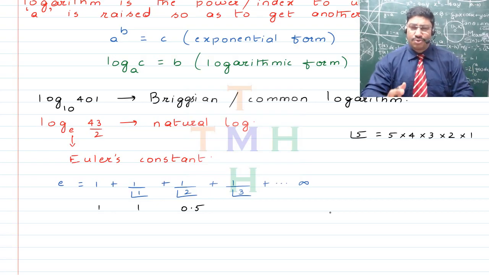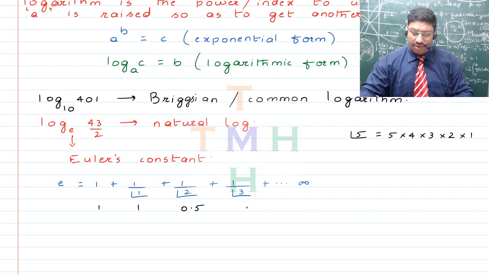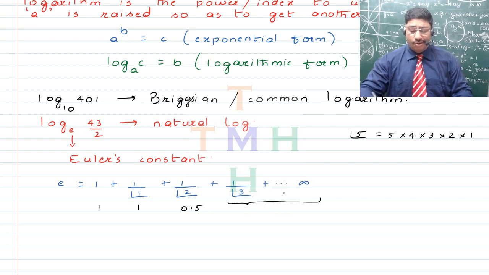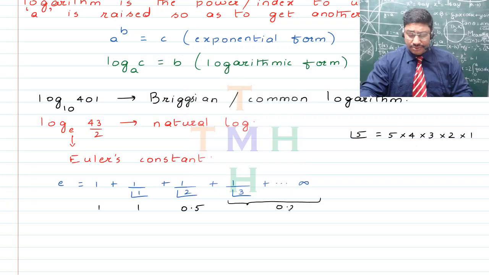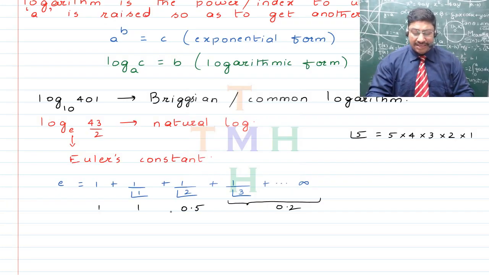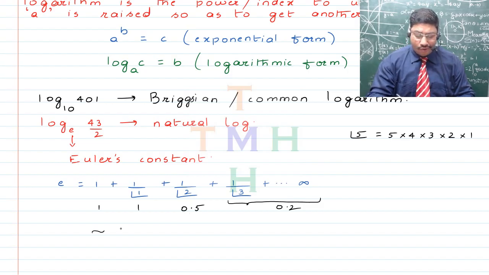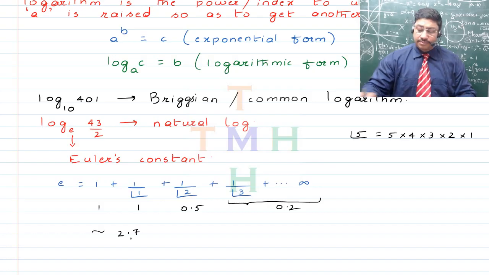As such, its value will keep on decrementing and becoming lesser and lesser. As such, approximately all of this, that means from 1 upon factorial of 3 onwards, comes to approximately 0.2, right, and as all of this is 2.5, approximately the value of Euler's constant is 2.7, right.